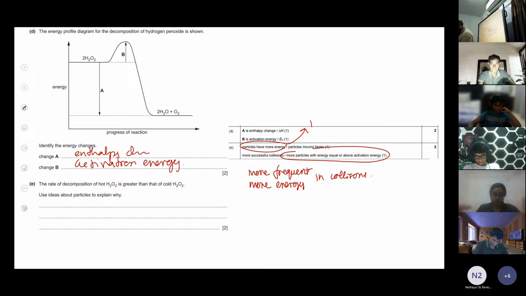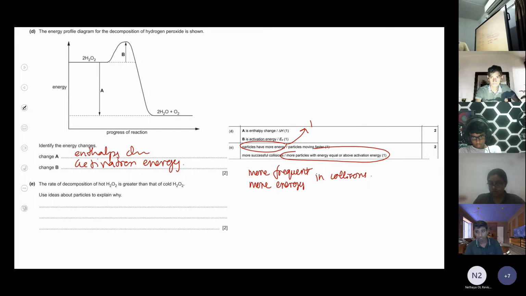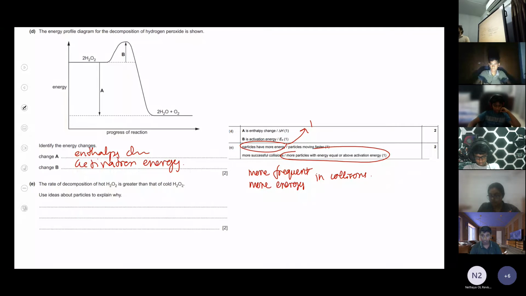Then saying energy, chemical, kinetic, takes 1 mark. More particles have more energy. That's 1 mark. Look, not force. It's the energy. Force means pressure, force exerted. Take the energy.